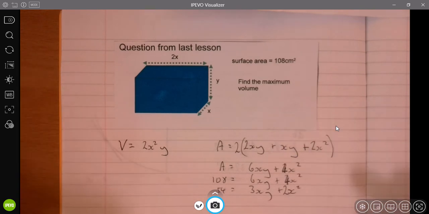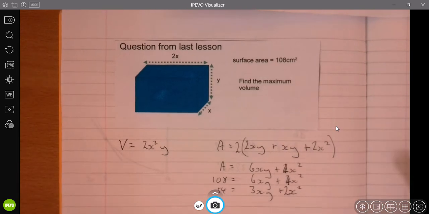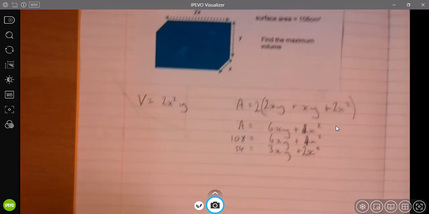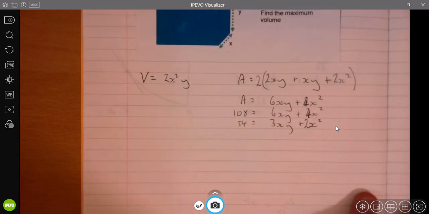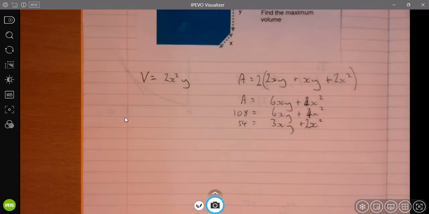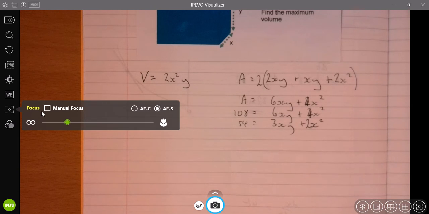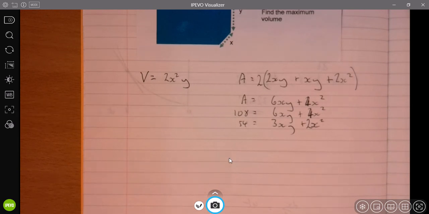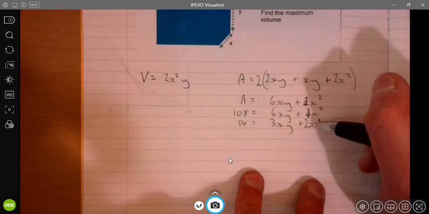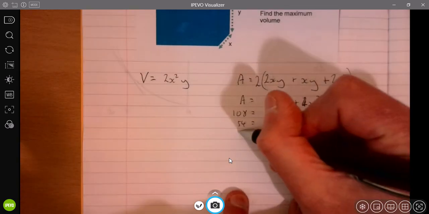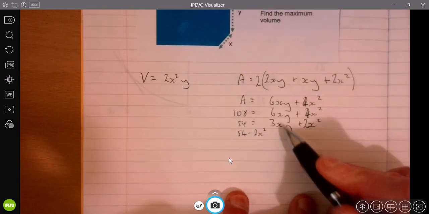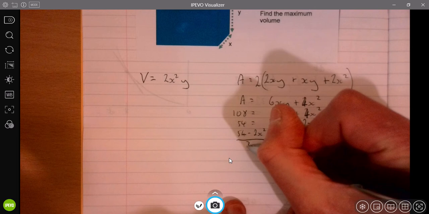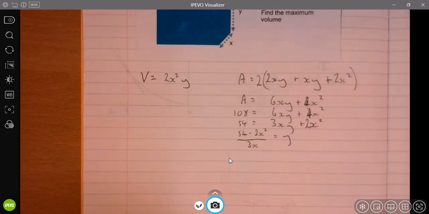Okay, so what we're looking to get at this stage is y equals. So let's take away 2x from both sides, and then we're going to divide by 3x, and we got y equals.